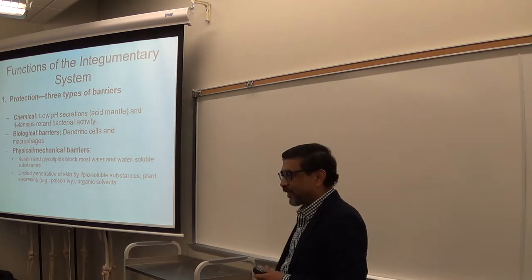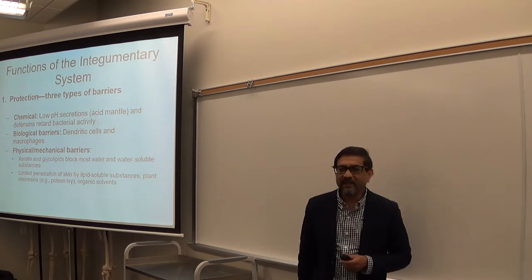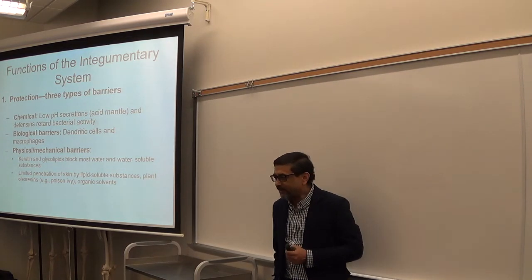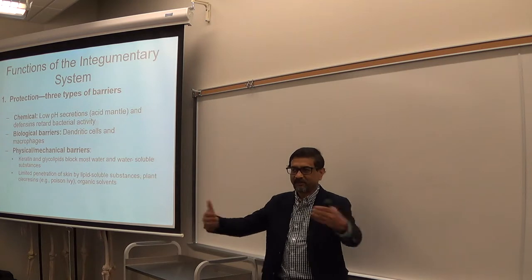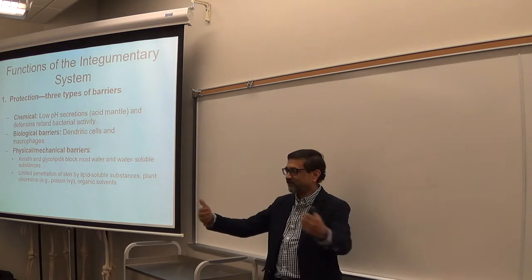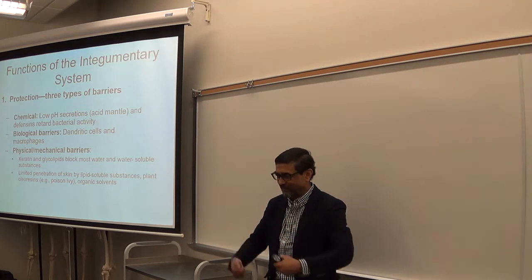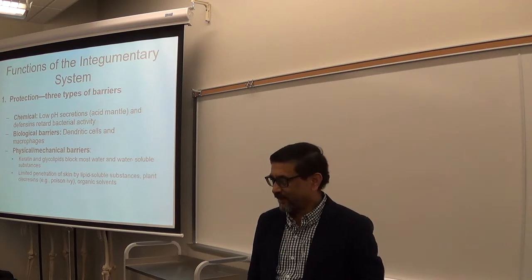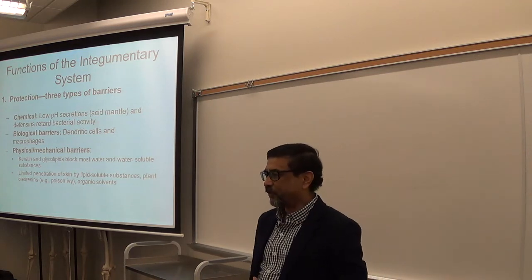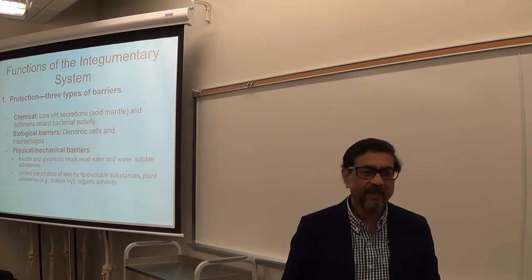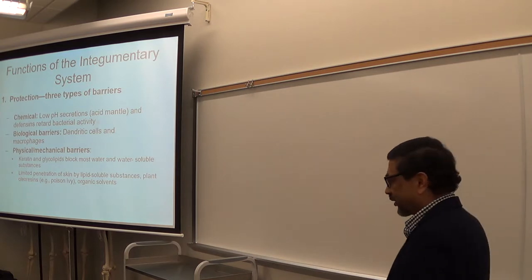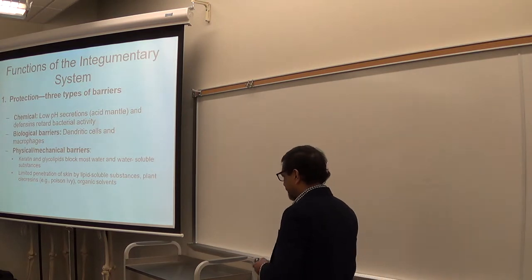protection. In your skin, you have phagocytic cells. Phagocytic cells do what? Engulf, right? Phagocytosis. So, two types of phagocytic cells are present. Macrophages, you all know that, and dendritic cells. Both do phagocytosis.